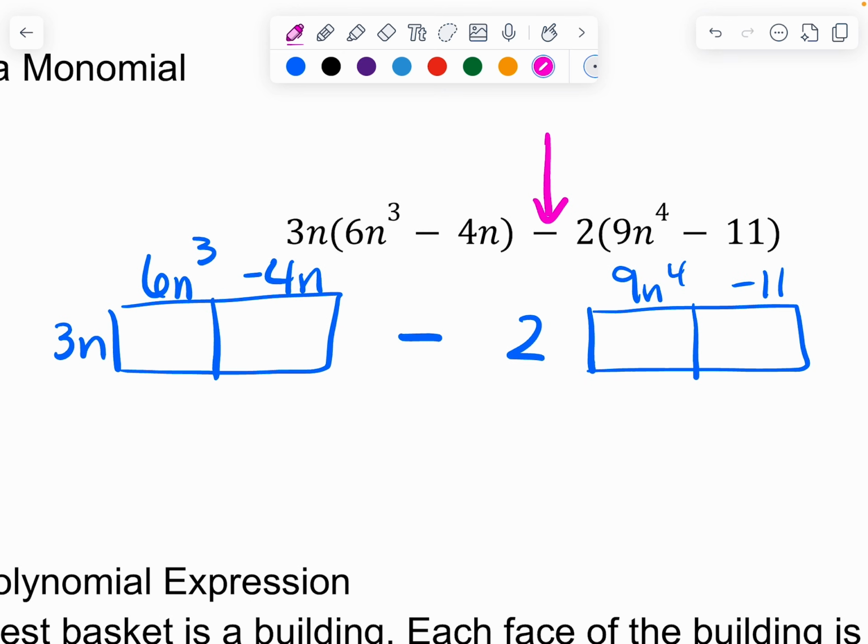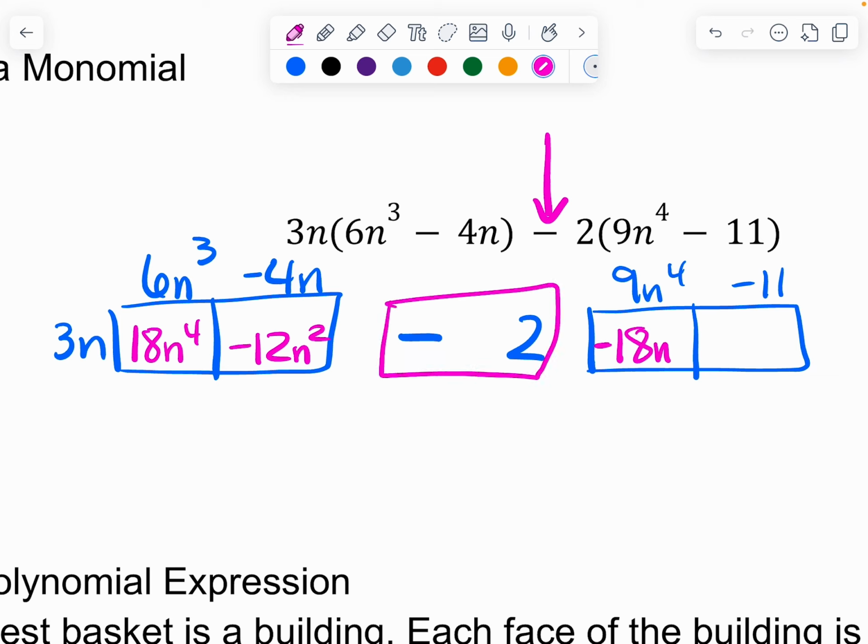There we go. So this is going to get me 18n to the fourth minus 12n squared. Over here is going to get me 18n to the, that's minus because we're multiplying by a negative right here, negative 2. Negative 18n to the fourth.